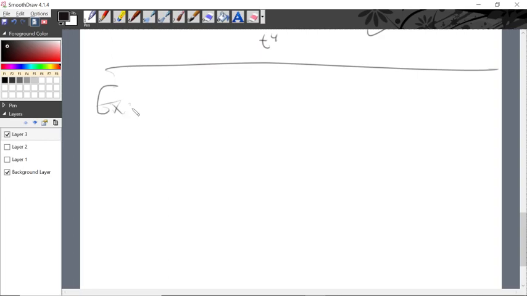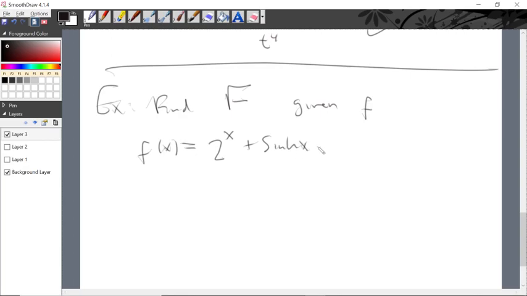Let's try another one. Find F, the general antiderivative when you are given the lowercase f function. Well, f of x is equal to 2 to the x plus sinh of x minus 1 over the cube root of x squared.